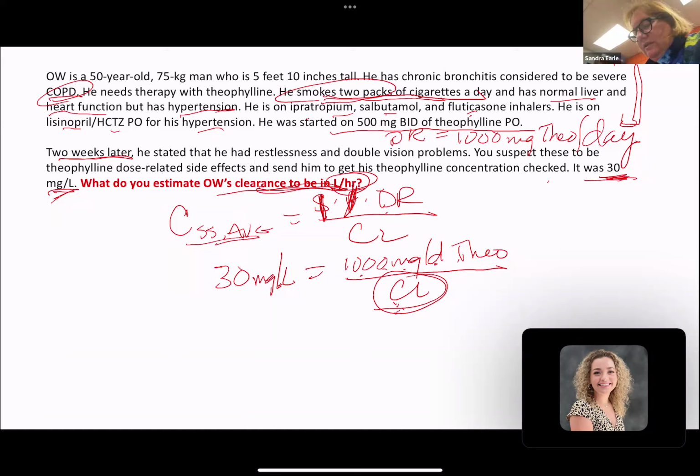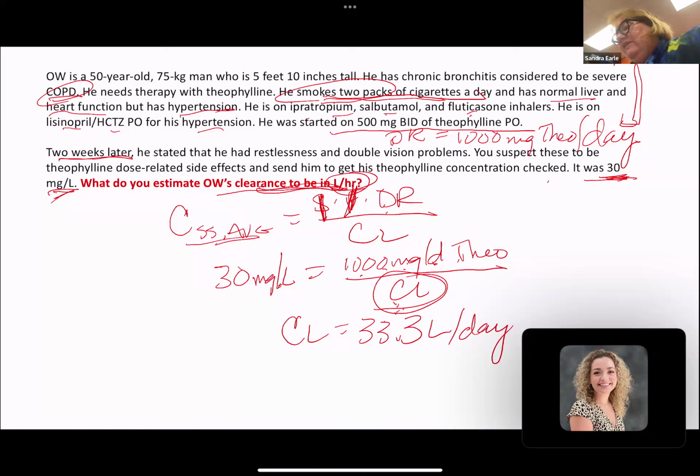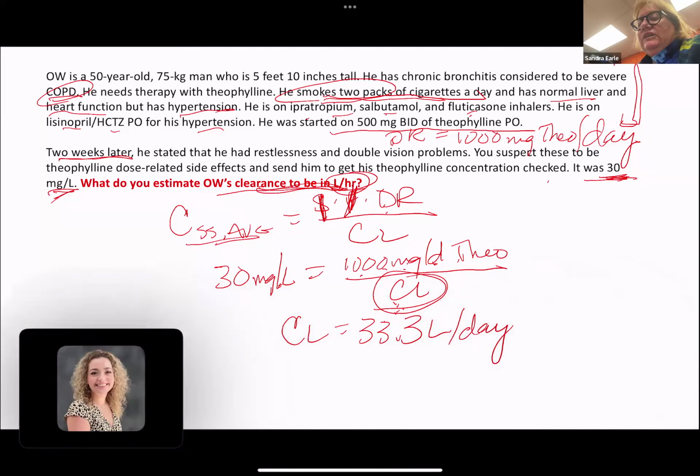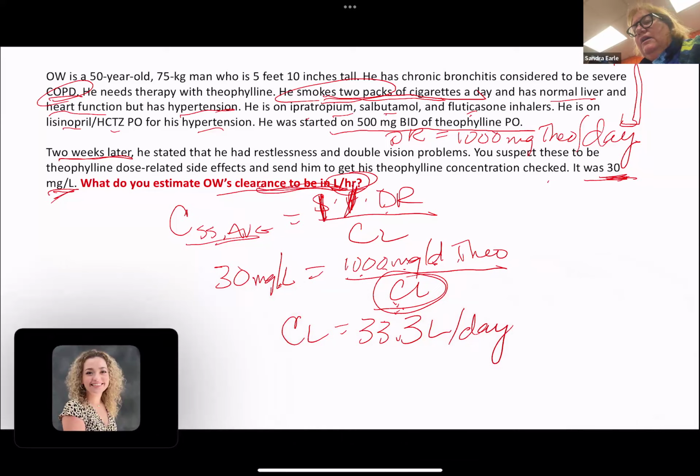So 1,000 divided by 30 is 33.3, and this is in liters per day, isn't it? You guys follow me okay on that? Yeah. So if we need to change this to liters per hour, in one day, there are 24 hours, yes?